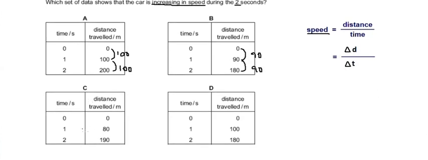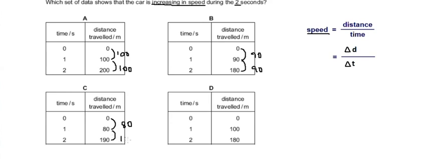For option number C, you can see it is going from 0 to 1 second, 1 to 2 second. Here the change in the distance is 80 minus 0. For the first 1 second, the change in the distance is 80 meter. The next second, it is nothing but 190 minus 80. So 190 minus 80 is how much?